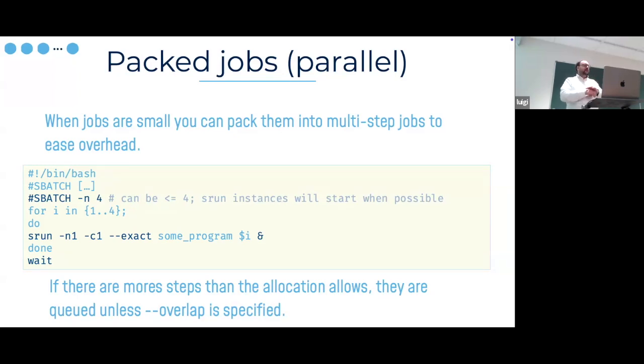If you know that your program is meant to be run like this, you can force them to say, okay, I know that I have more processes than I have CPUs, but I know that the processes are not CPU bound, so you can pack them 2 by 2, for instance. But by default, Slurm does not like this situation, so you need to use --overlap.